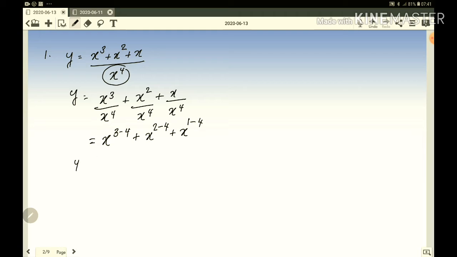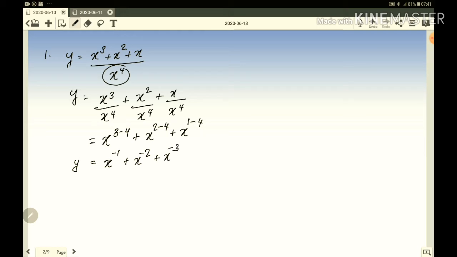Even now I didn't differentiate, that is why I'm still writing y here. That is x to the power minus 1 plus x to the power minus 2 plus x to the power minus 3.